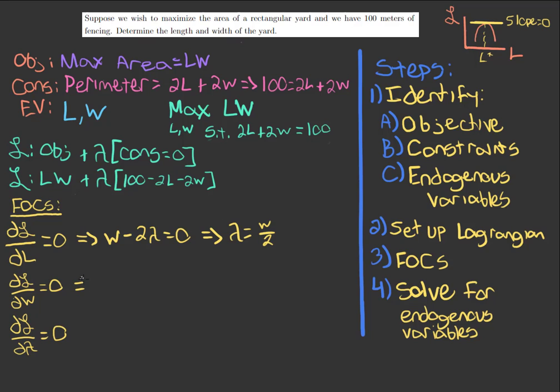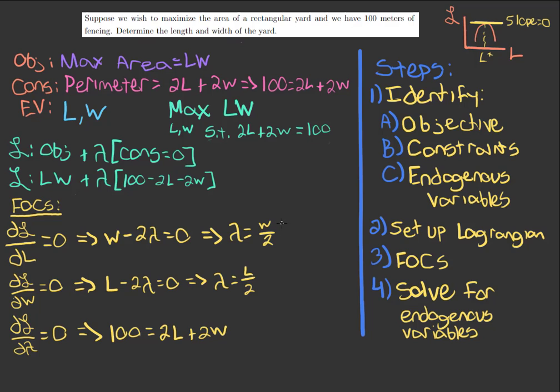Taking the derivative of the Lagrangian with respect to W, we end up getting that L minus 2 lambda is equal to 0, which simplifies to lambda is equal to L divided by 2. And taking the derivative of the Lagrangian with respect to the Lagrange multiplier, we end up getting our original constraint, that is 100 is equal to 2L plus 2W.